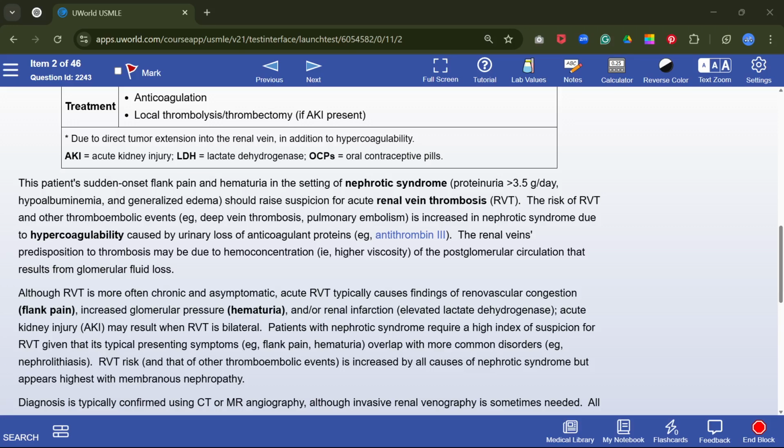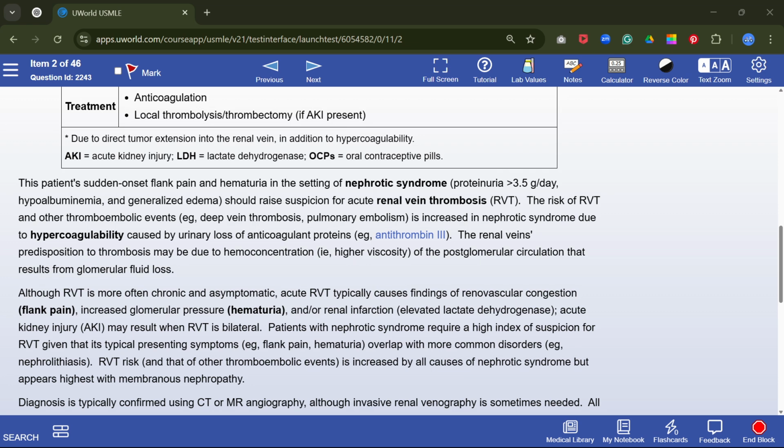So patients with nephrotic syndrome require a high index of suspicion for RVT, because the typical presenting symptoms of flank pain and hematuria overlap with other common disorders like nephrolithiasis.